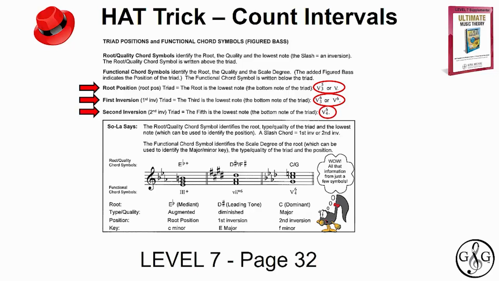Now the fifth is the lowest note, and the intervals above indicate the 5, 6, 4. Now there is no abbreviation for second inversion. So root position is just identified as 5. First inversion is written as 5 with the 6 as the additional little figured bass. And then the dominant 5 chord in second inversion is written as a 5, 6, 4 chord.